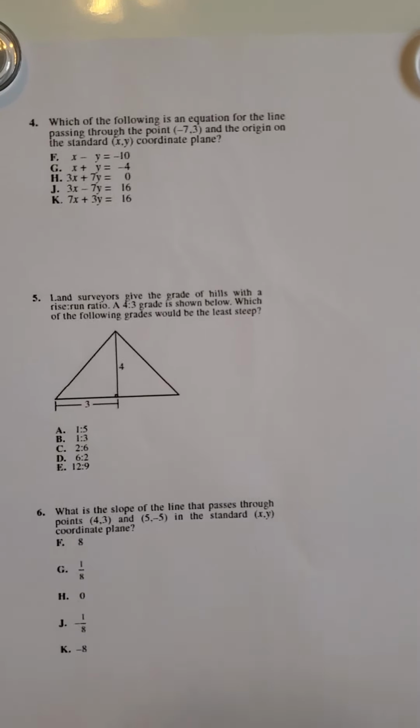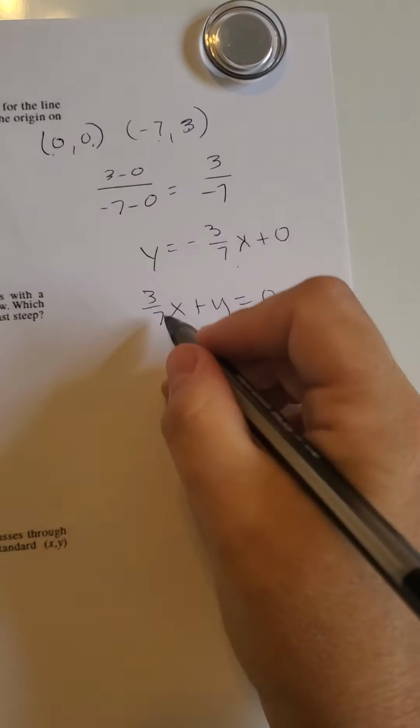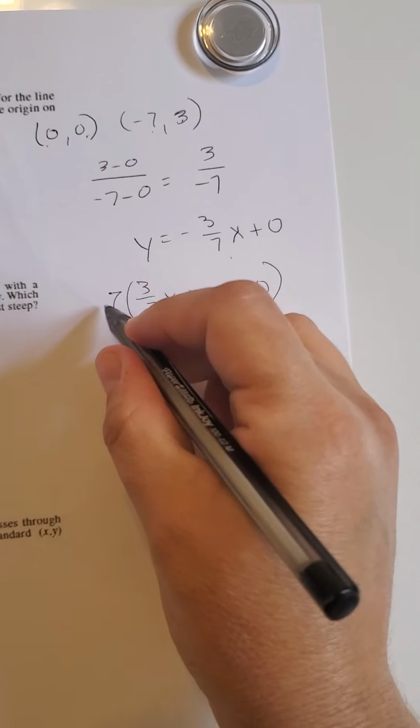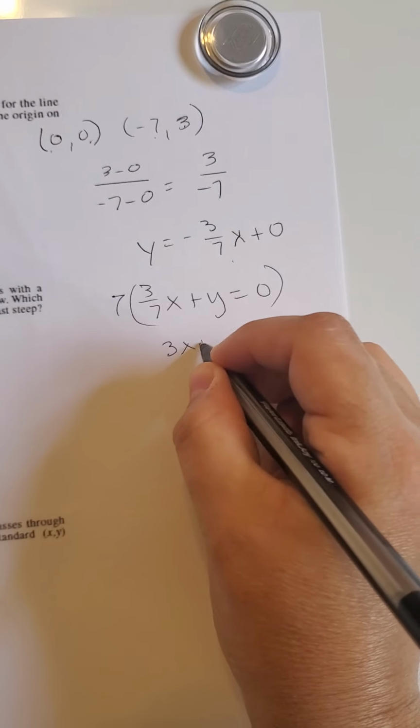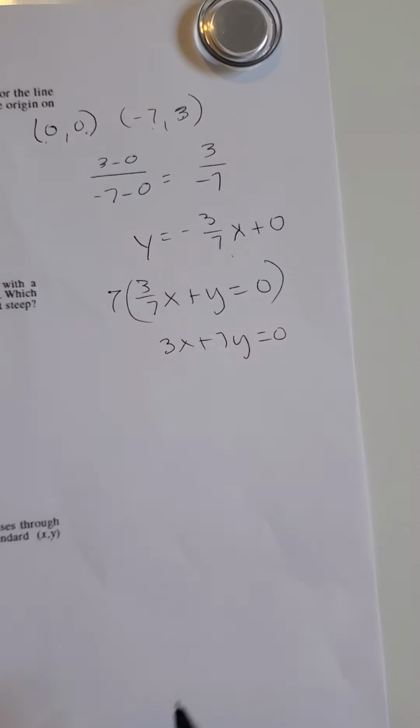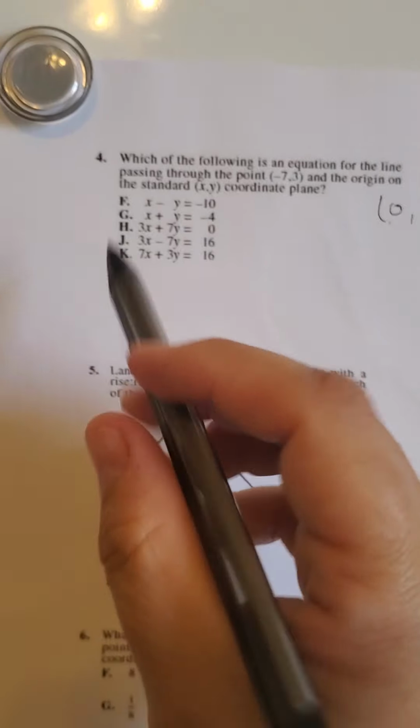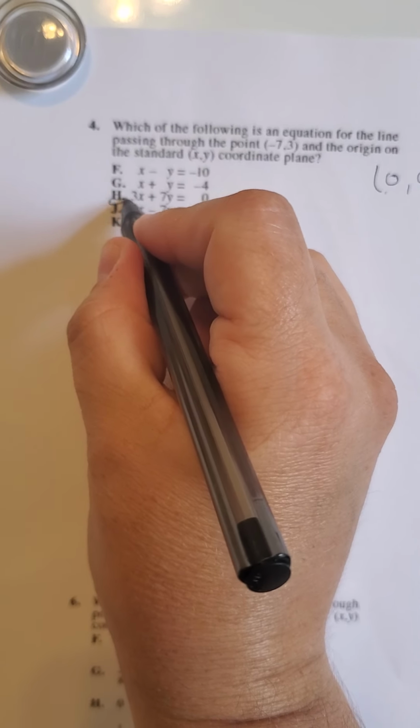Y equals negative 3 over 7 x plus 0, right? So if I were to move this over, it would become a positive 3 over 7x plus y equals 0. And then I could multiply by 7 to get rid of my fraction, so that'd be 3x plus 7y equals 0, right? So that's a lot of work to get to this answer of H. H is the correct answer.